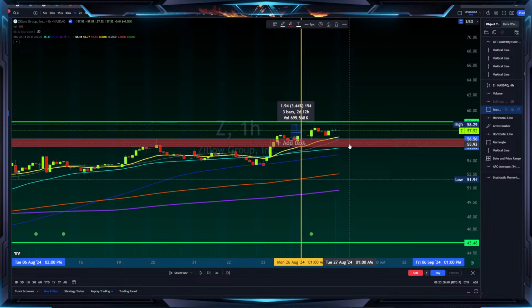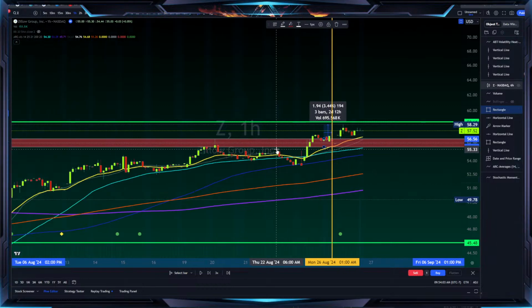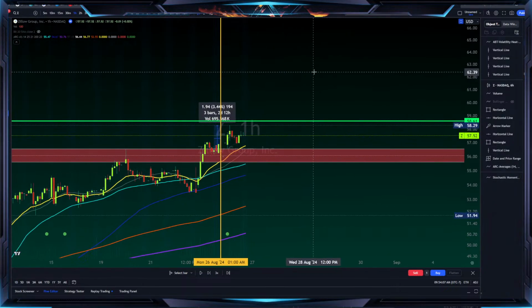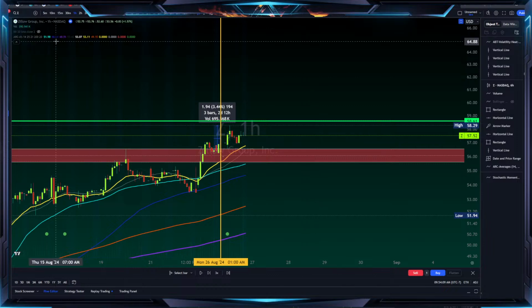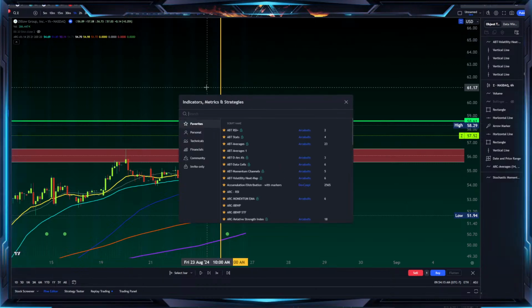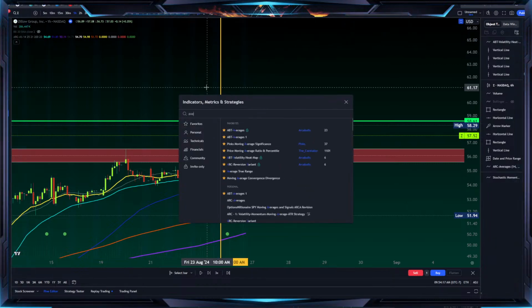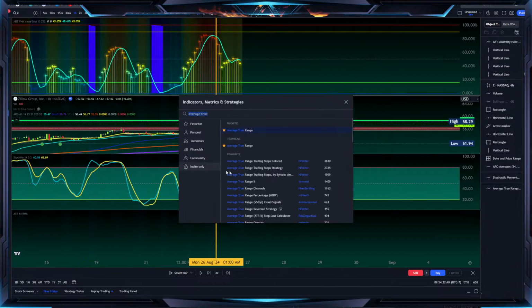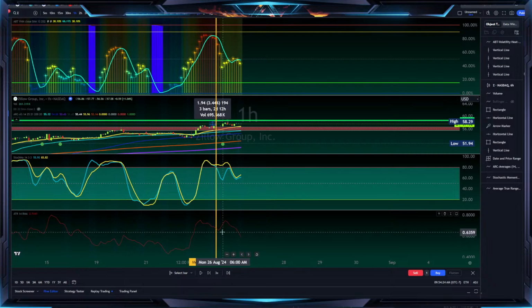So we could arguably think that it would be within the hourly chart to enter risk using the signal. Okay, now what does the ATR say though, right? So let's go ahead and pull up here average true range to observe the historical value. Current time frame ATR.